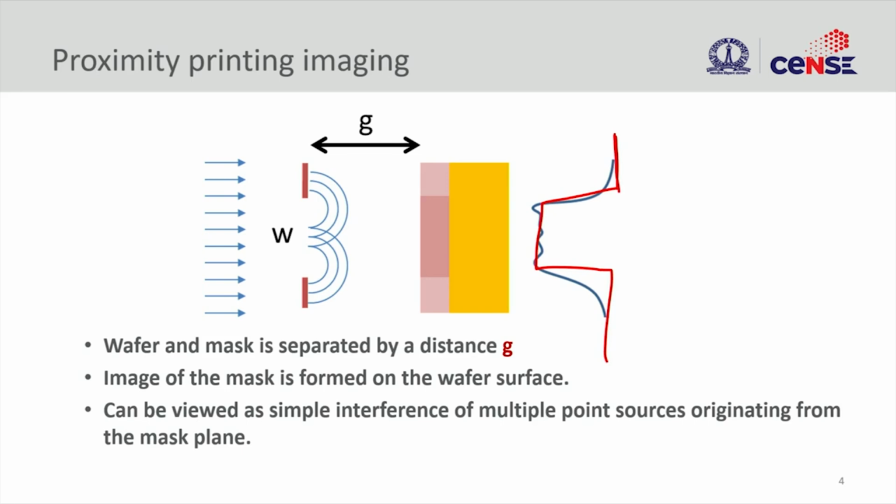But because we are talking about interference here, you will always see some ripple around this, and also a gradual decay in optical intensity rather than a step-like function. The step function is an ideal scenario, but what you get is a ripple sort of thing, and then you go down. This is what you see in practice.